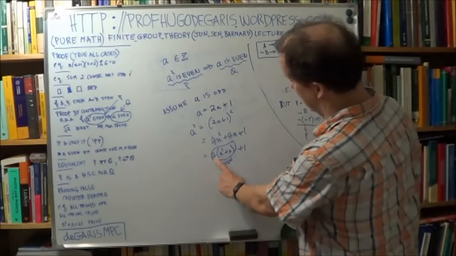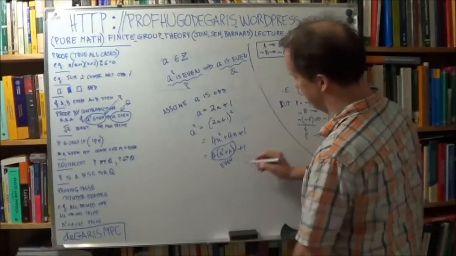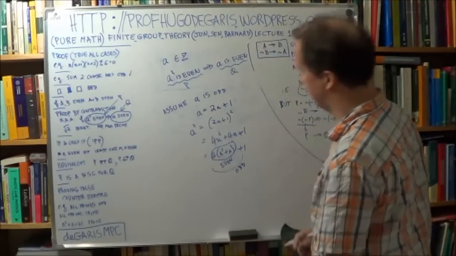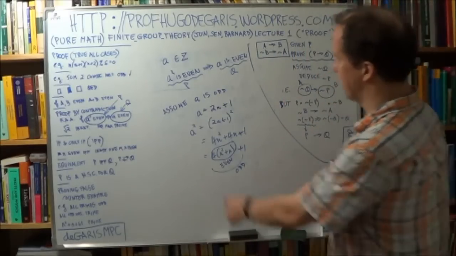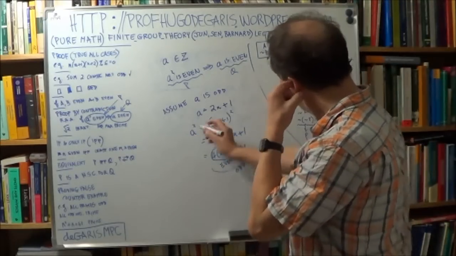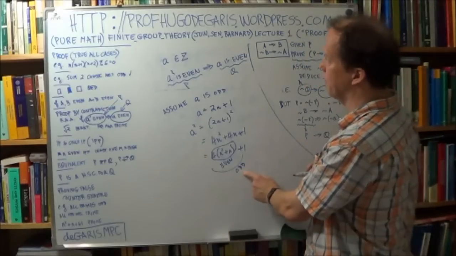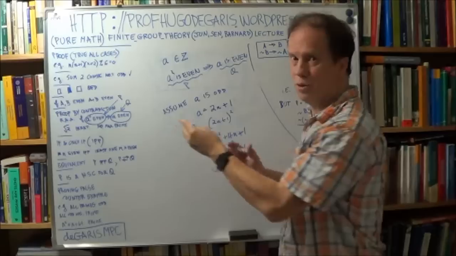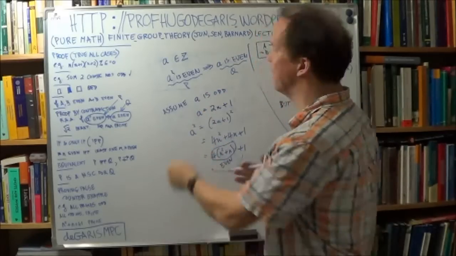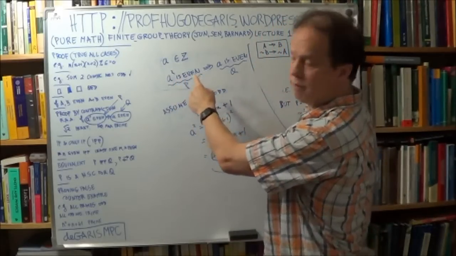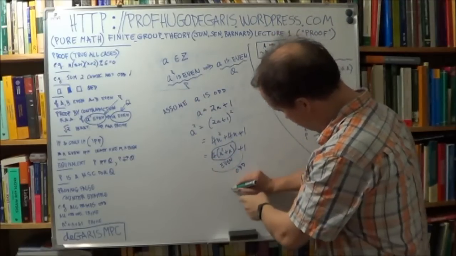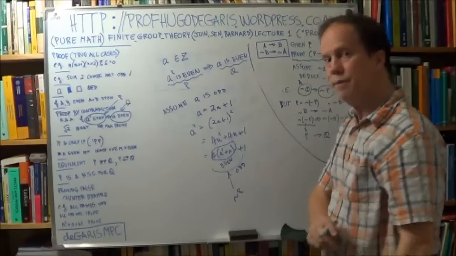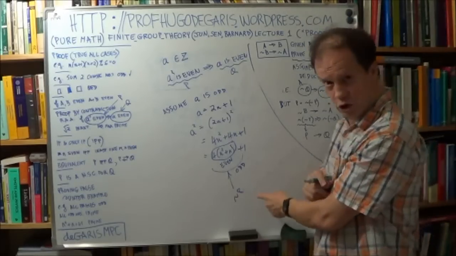So you have an even number plus 1, so that whole thing is odd. Okay? So A squared now is odd. But one of your premises was A squared is even. So this is not P. It's the opposite. Okay? So you've got yourself a contradiction.